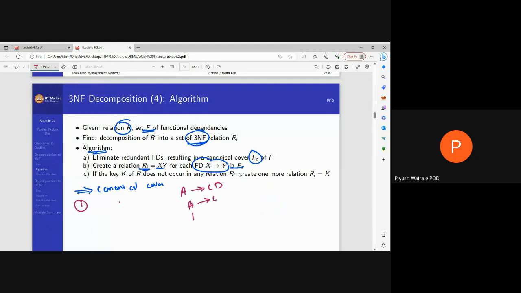Then remove any extraneous attribute present in the functional dependency. Just follow this and then remove extraneous attributes, right? Now, extraneous attribute we can do from two cases, whether from the left hand side or right hand side, right?